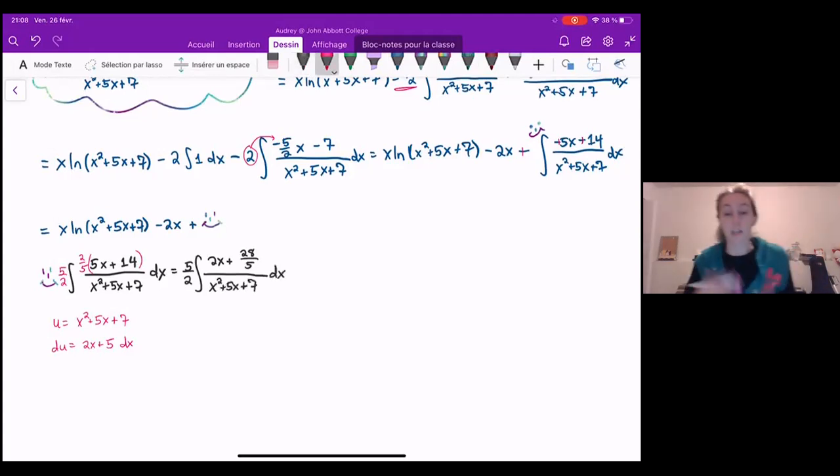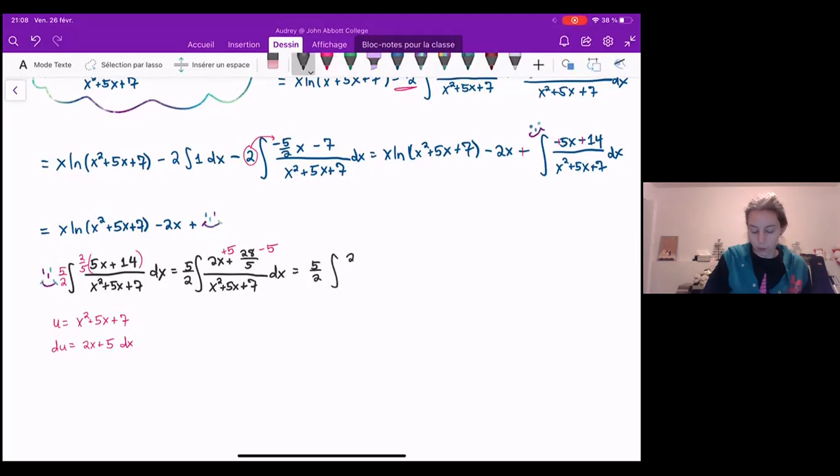And now I wanted 2x plus 5, so I'm just going to do plus 5 and then minus 5. So then this becomes 5 over 2, the integral of 2x plus 5 over x squared plus 5x plus 7 plus 28 minus 5. So that's 28 minus 25 over 5. So that's plus 3 over 5 over x squared plus 5x plus 7 dx.